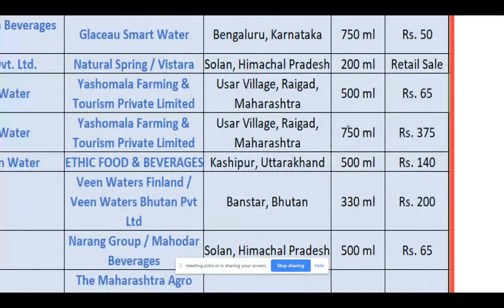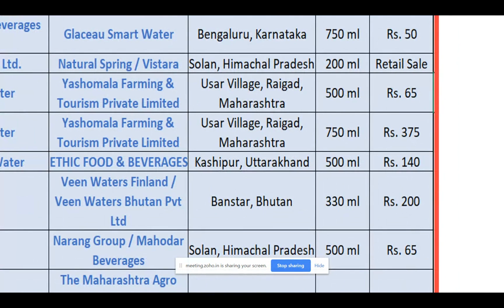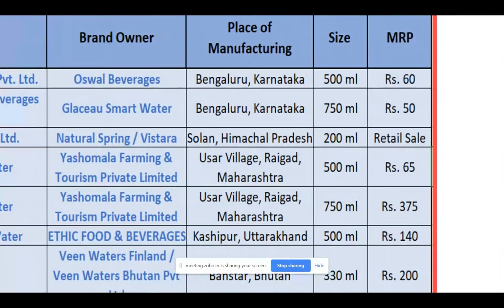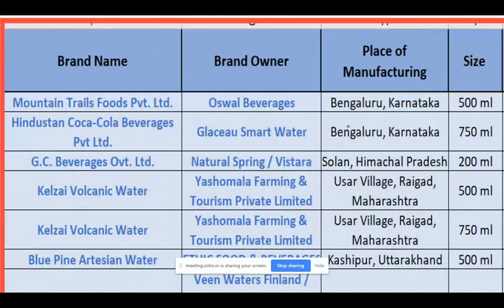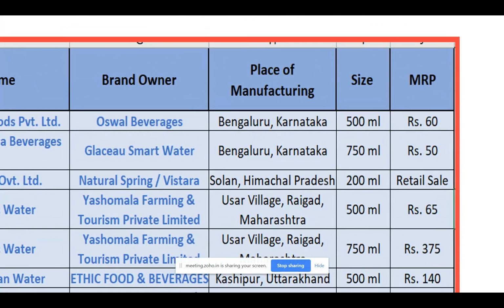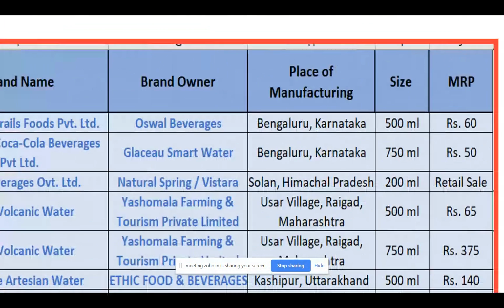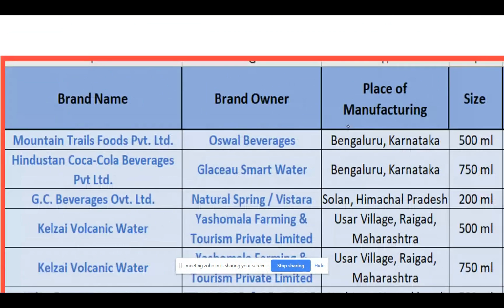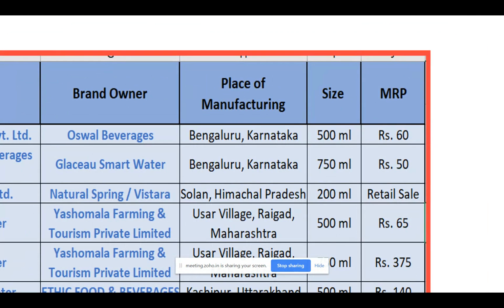This is Kelzai, this Pune brand, 750 ml, 375 rupees. Kelzai 500 ml, 65 rupees. This Natural Springs mineral water, 200 ml, retail price is not sold, still declared. Then Hindustan Coca-Cola's Smart Water costs 50 rupees for 750 ml. And this Mountain Trail, Oswald Beverages, 500 ml, 60 rupees.